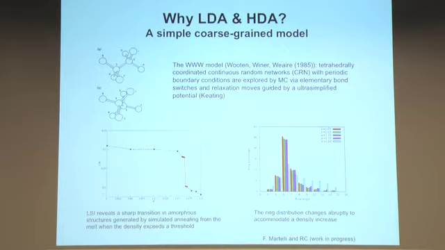Even with this very simple potential, something quite interesting comes out. If we generate these amorphous structures by quenching the liquid structure of this continuous random network, with continuous acceptance of these bond switching moves, we do just a simulated annealing.